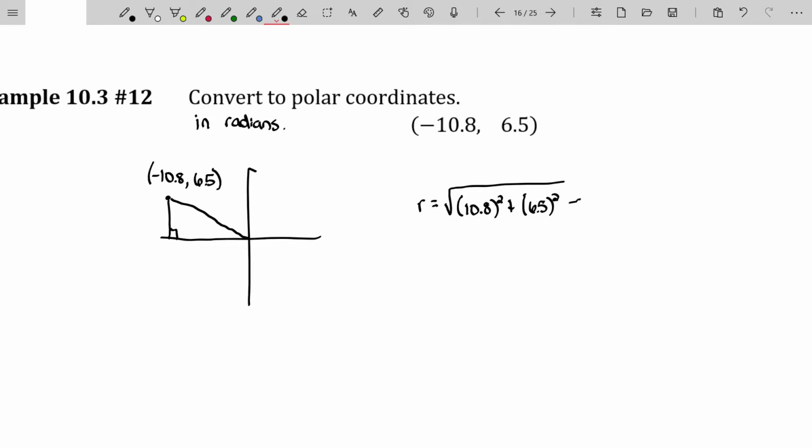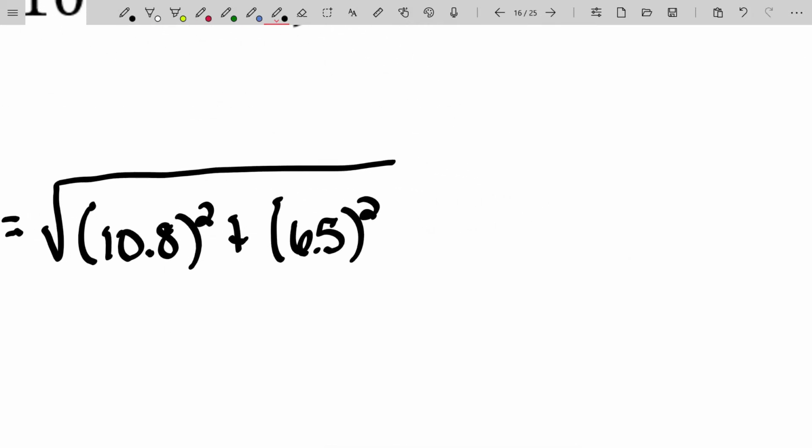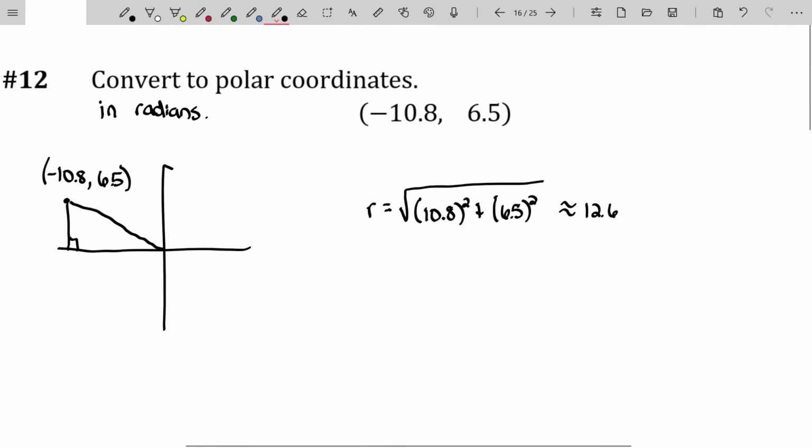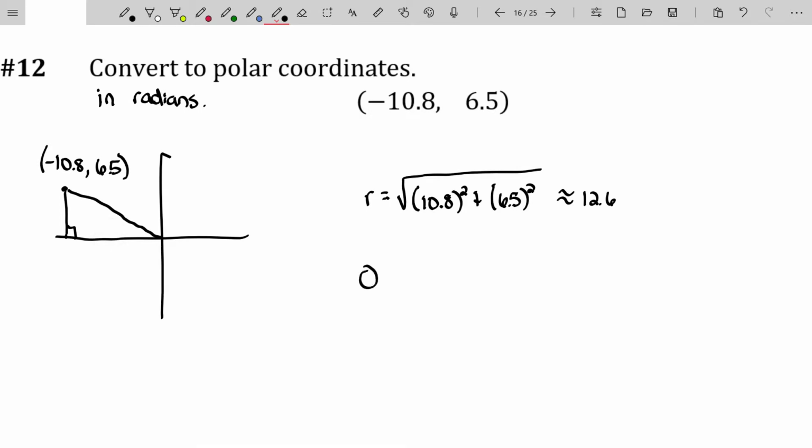So roughly 12.6. Very approximate, right? And then we know the reference angle is going to be the tangent inverse of the ratio of y to x in absolute value. So 6.5 to 10.8. So I don't worry about negativity. I just worry about the y over x without negativity.